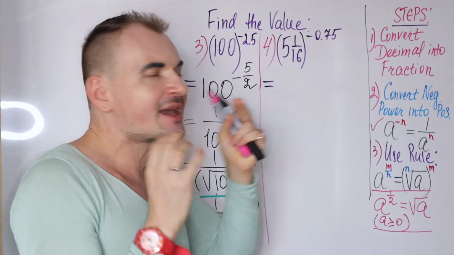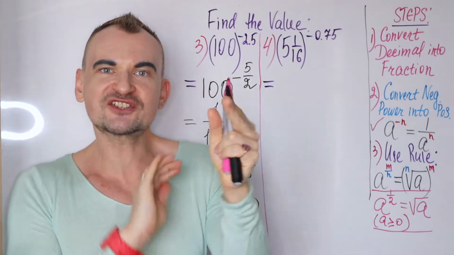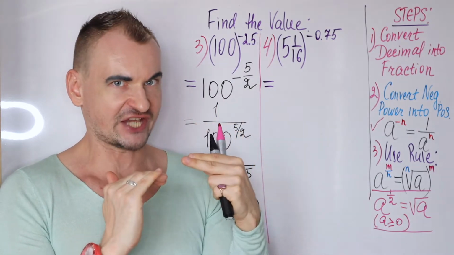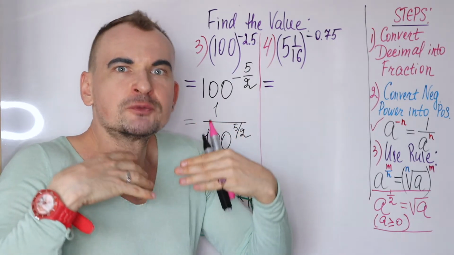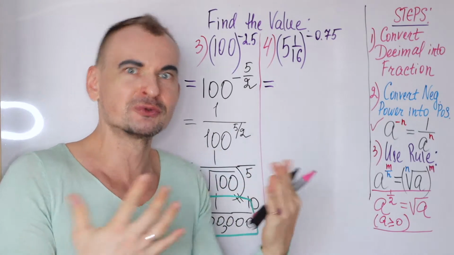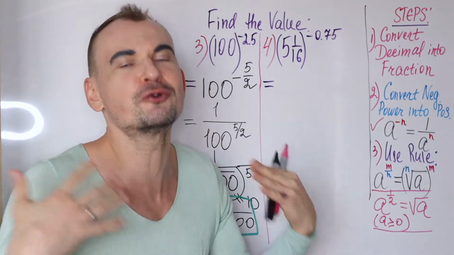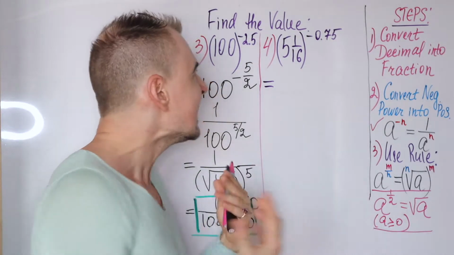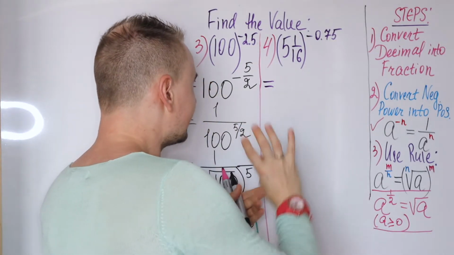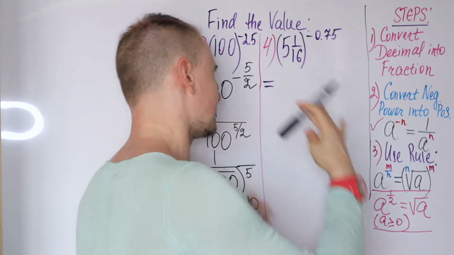Since it happens to be a mixed number, always convert it into an improper fraction, because it will be easier for you to take a square root, the third root, whatever root you have to take.